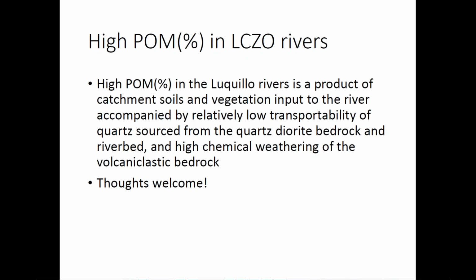All views welcome, but I was thinking that if we have high chemical weathering in some regions, the material is actually just being dissolved and removed, which could be a potential contribution difference. And I know I said low transportability of the quartz, and then we just saw in the last presentation that we have huge flushes of this material coming through.